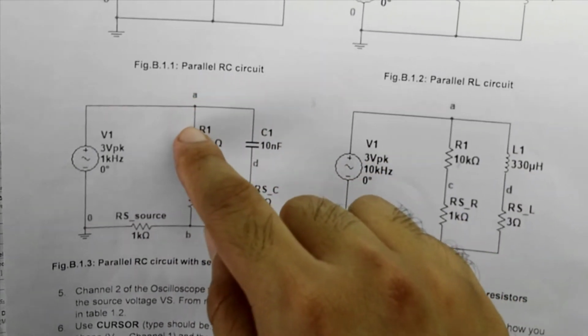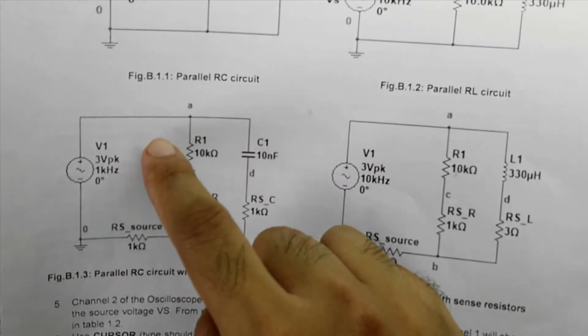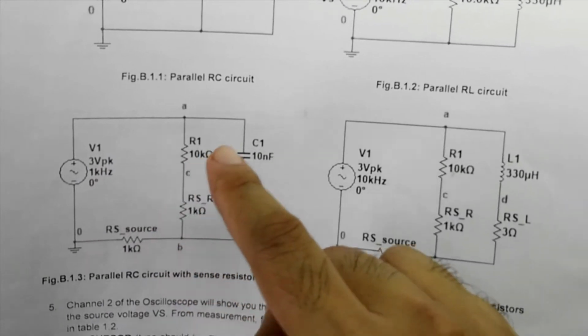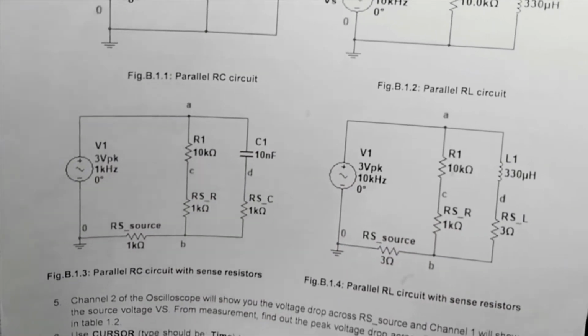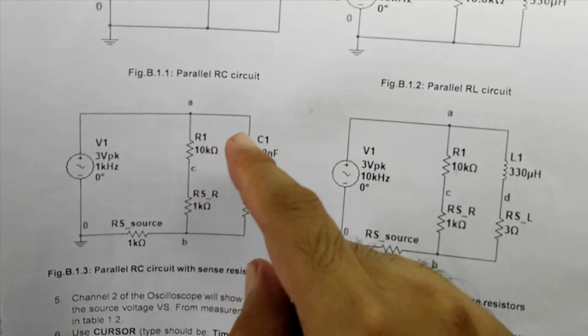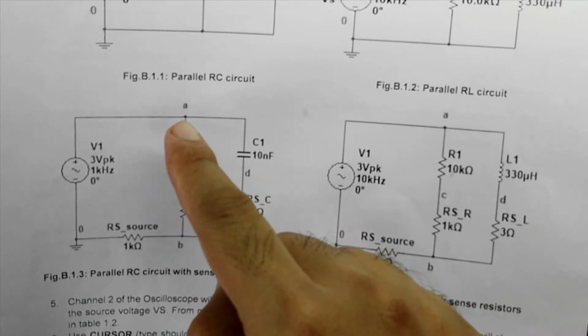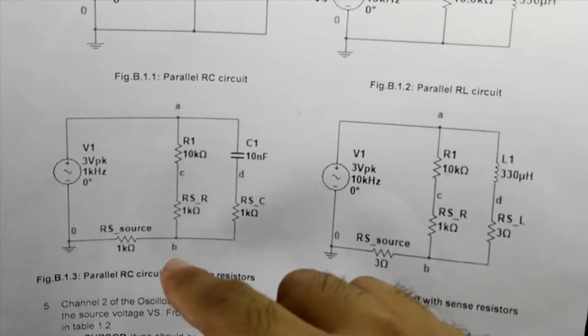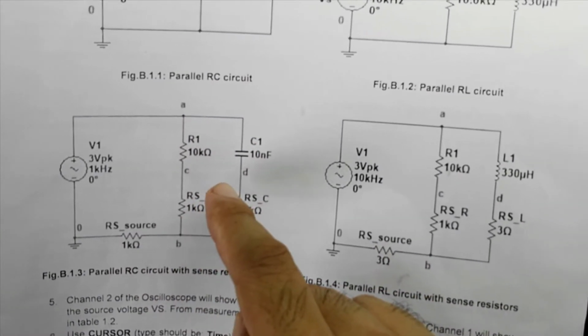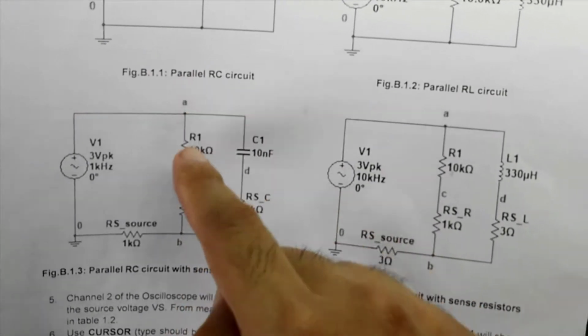But if we move this channel from node A to node C, we will no longer be able to get the source in our screen. So before moving channel 1 from node A to node C, we have to save this source voltage in a reference using the ref function of our oscilloscope.